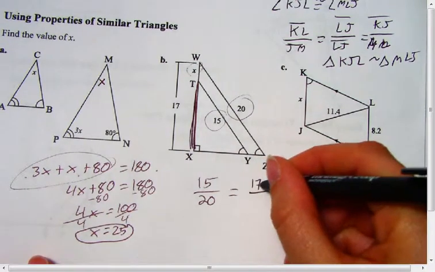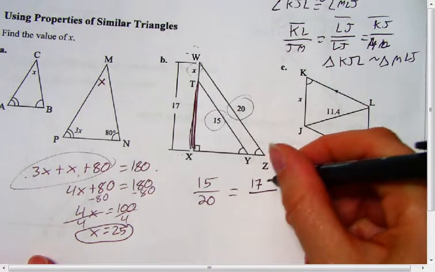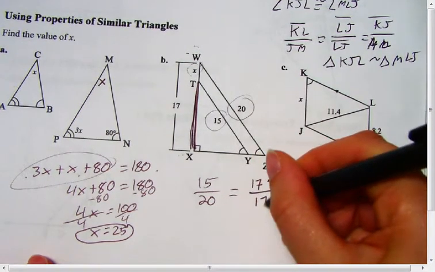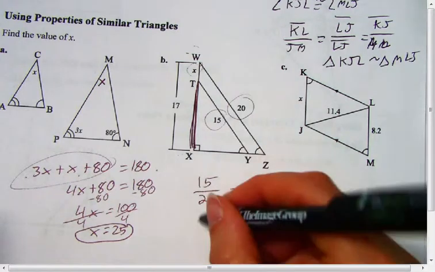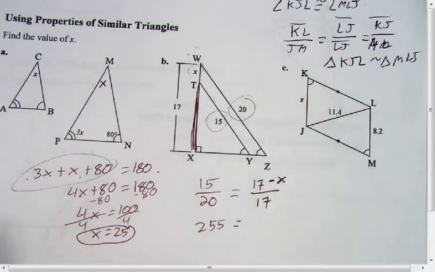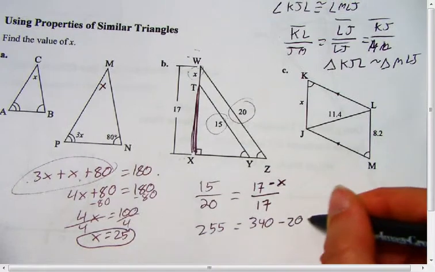This whole thing is 17, so it's 17 minus X over 17. Now I want to cross multiply. So I'm going to go 17 times 15 gives me 255. 17 times 20 gives me 340 minus 20x.